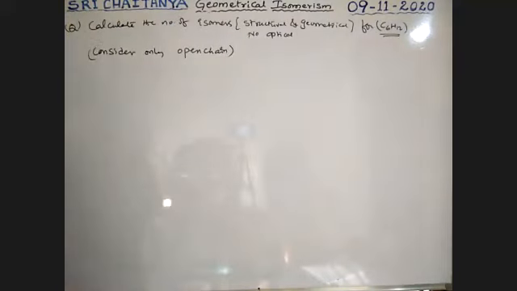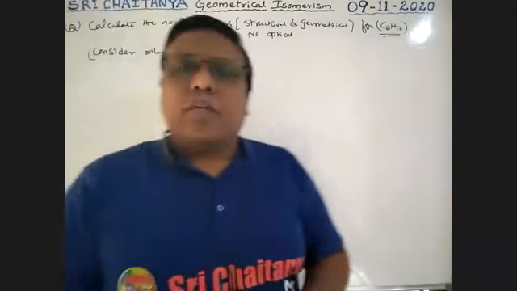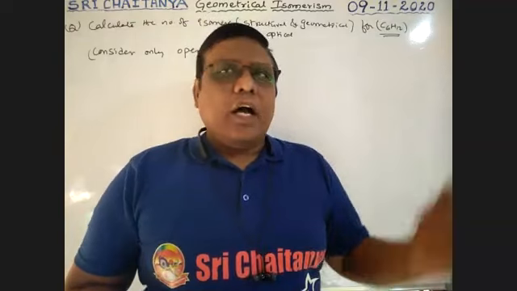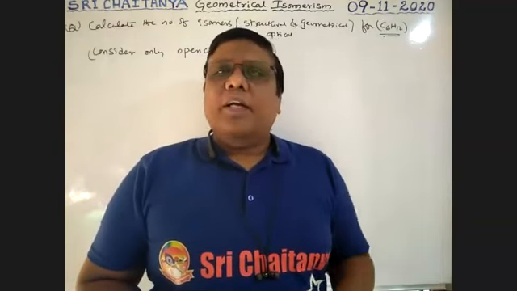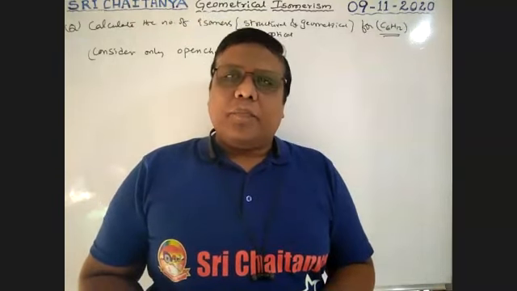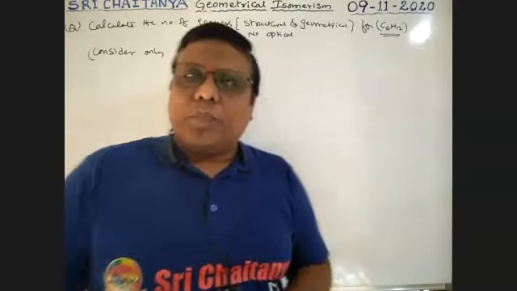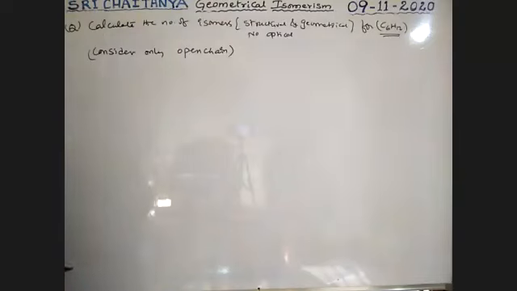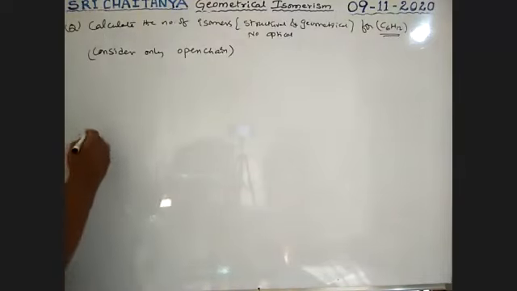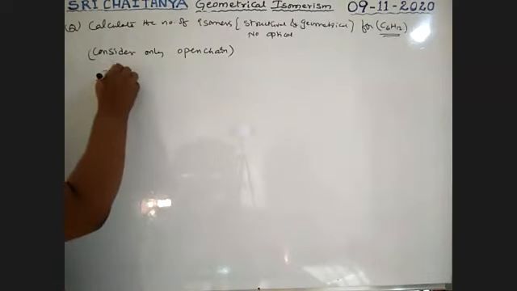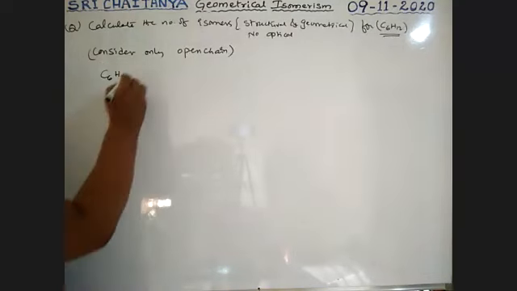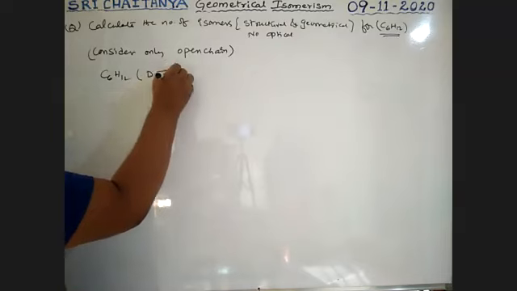See here, C6H12. So it is an alkene, with the general formula CnH2n. One pi bond must be there. The degree of unsaturation is equal to 1.